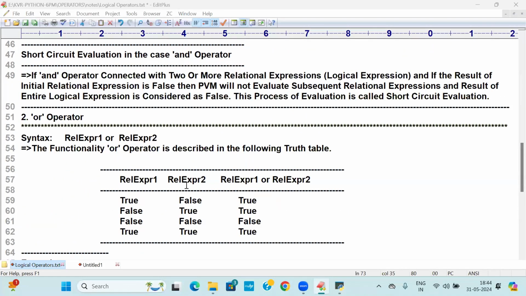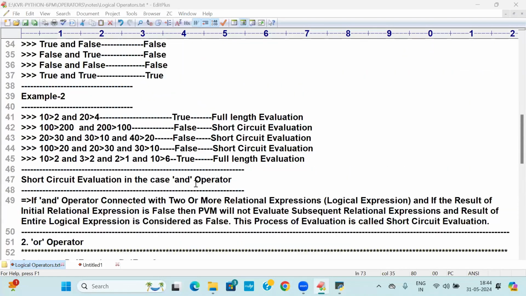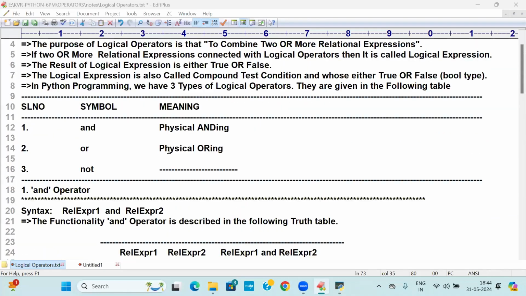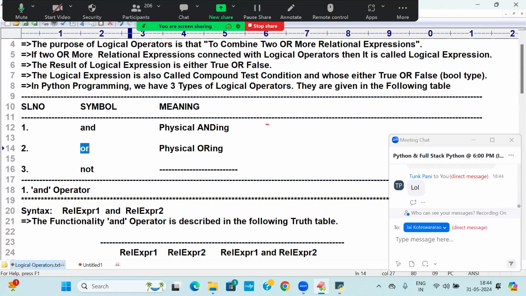I said, symbol of OR, already said in my class, which is called what? Logical OR. Symbol of OR in C language is called like this. In Python, yesterday only I said this symbol is not there.